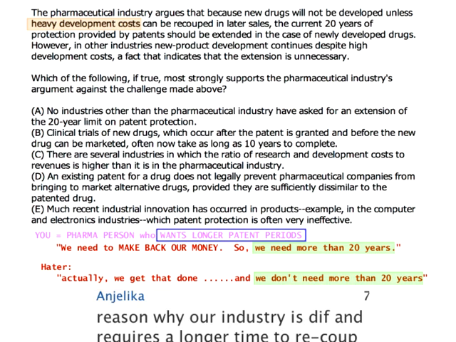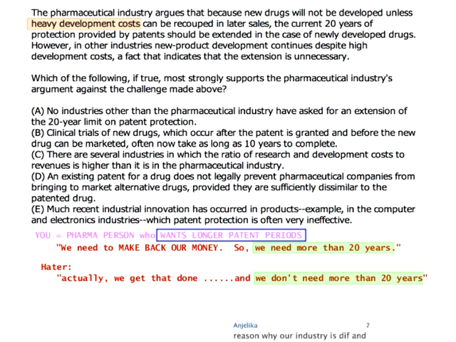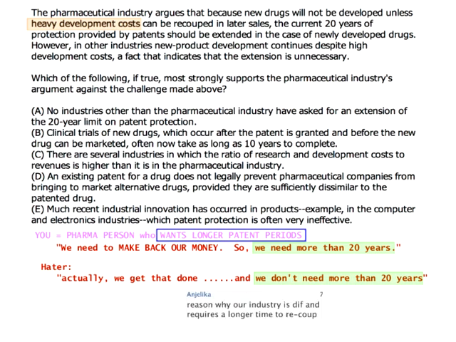Why are we different? What is so special about us that we are different? It's got to be both of these things, not just one of them. It can't just be any old reason. It has to be particular to the pharma industry, because otherwise these guys would still have an argument against us.